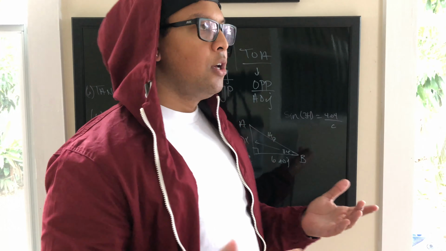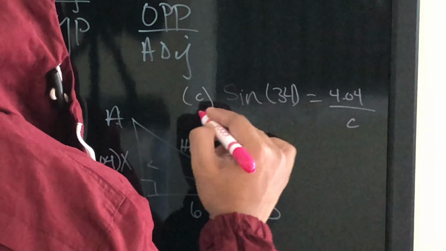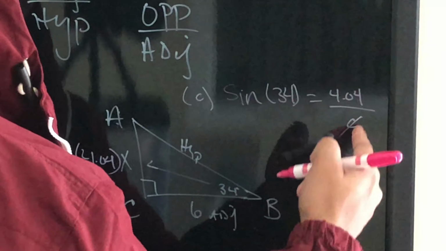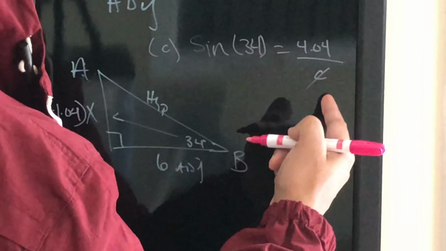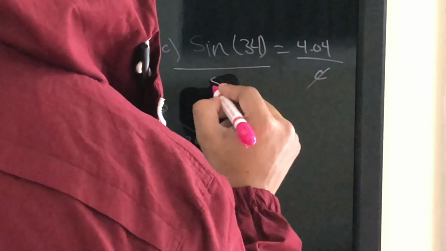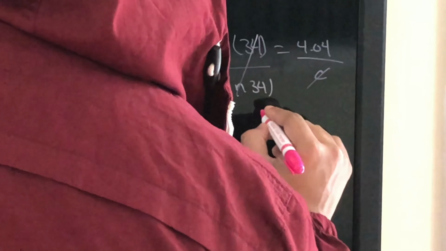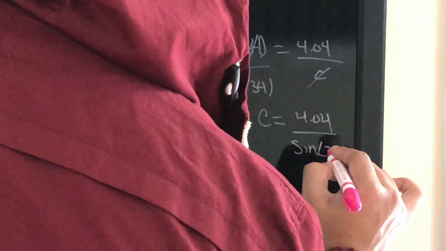You're going to multiply this entire function by c, to bring it over here, and then you divide by sine of 34. This cancels, and then you're going to have c equals 4.04 over sine of 34.